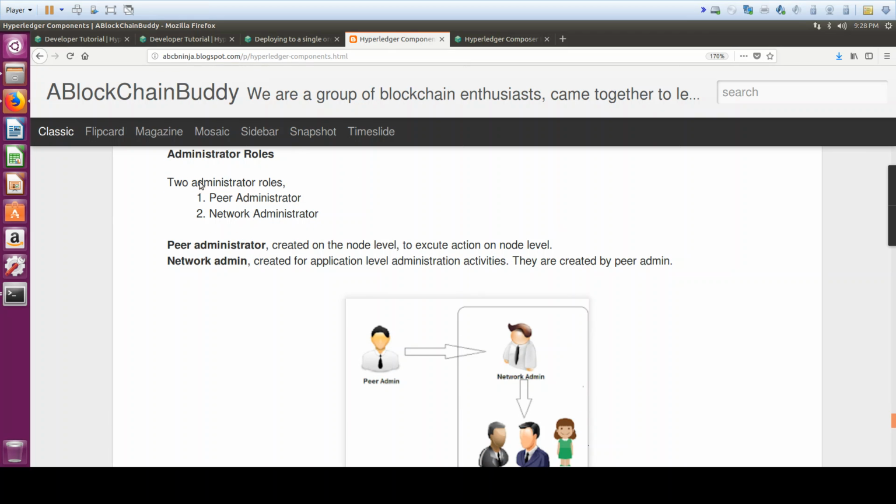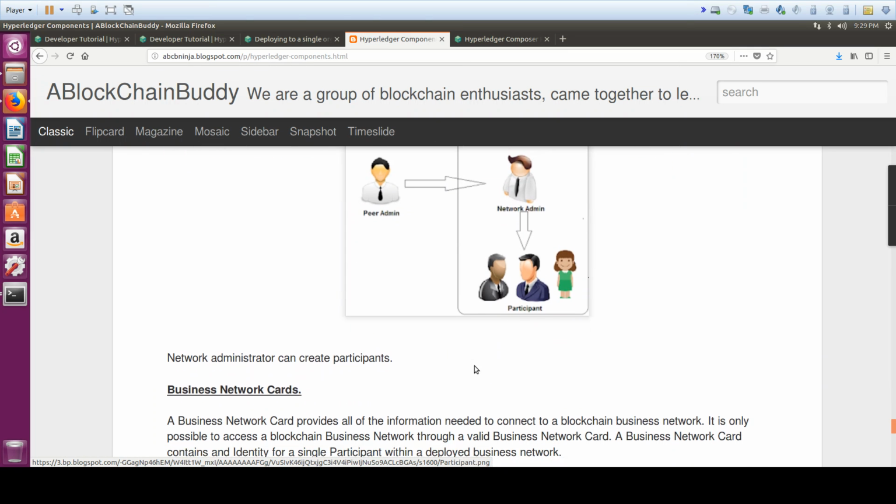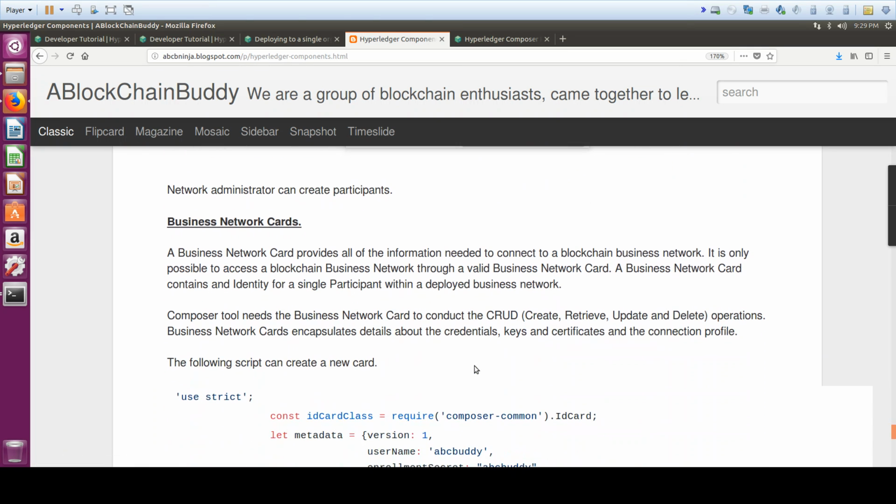When we create the network and deploy, we will create two roles, peer admin and network admin. The peer admin creates the network, and the network admin creates the participants of the network. There's another concept called business network card.